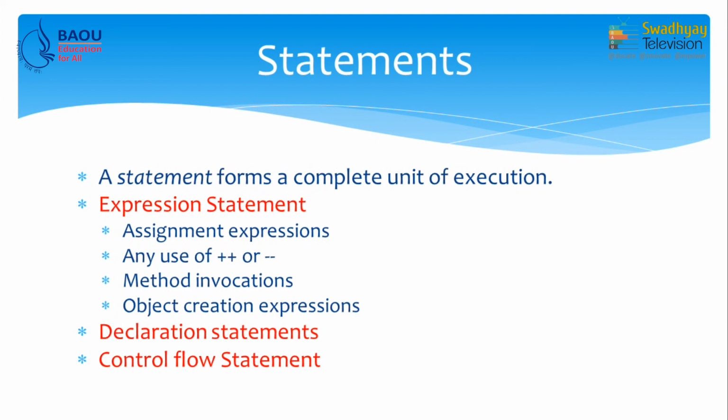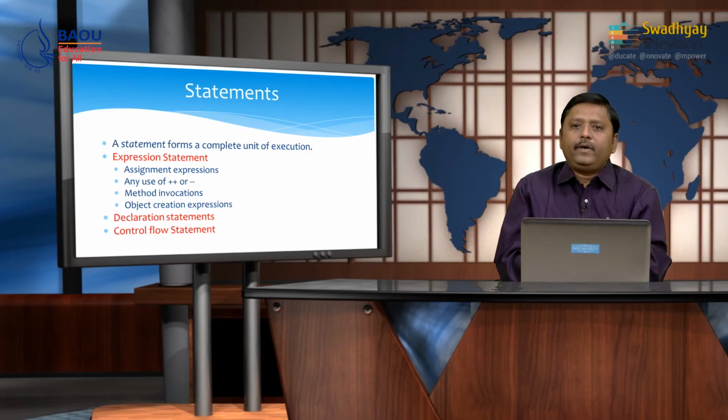And we have declaration statements that we have seen earlier, and control flow statements that we will discuss later on, like if-else ladder, for loop, while loop, switch statement, etc. These control flow statements are what we are going to discuss in the next session, but we can say a statement is a unit of execution and we can classify statements based on what they do.